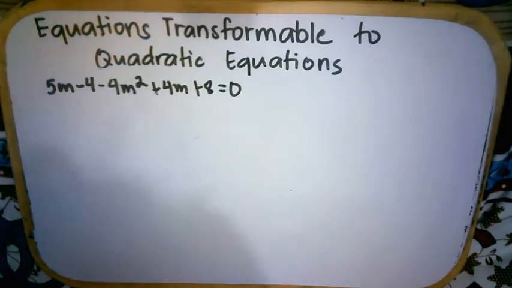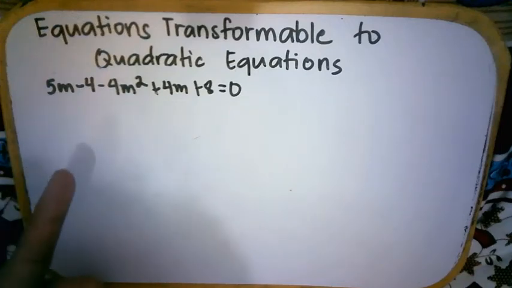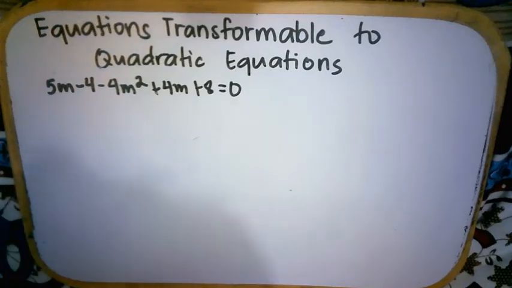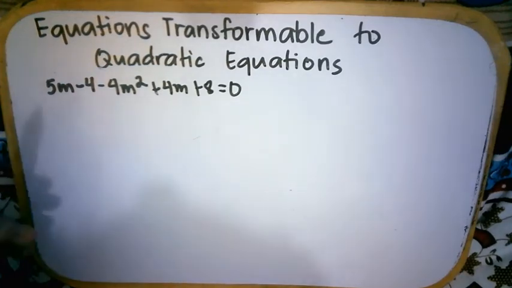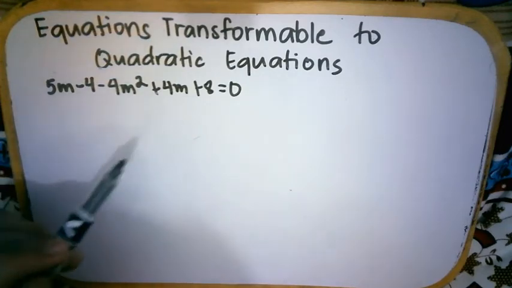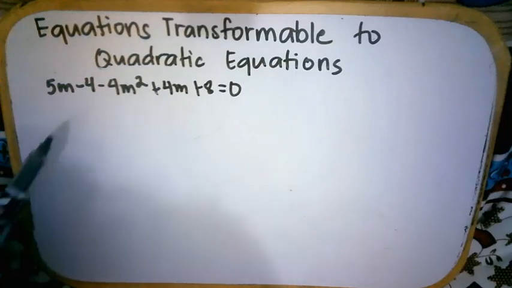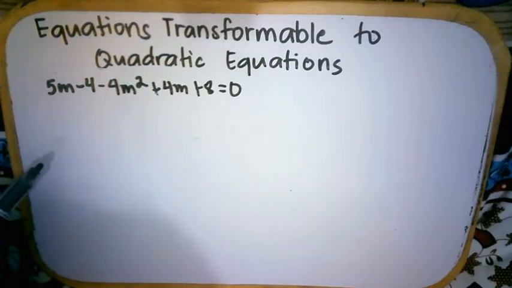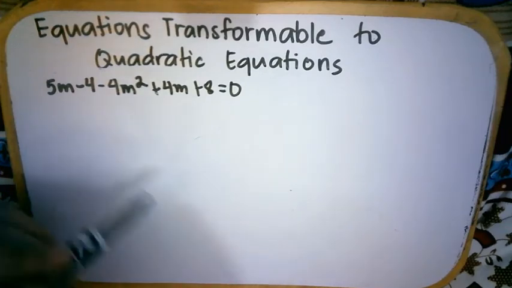Now, we have 5m minus 4 minus 4m squared plus 4m plus 8 equals to 0. We are not yet done since meron tayong mga like terms. So, check muna natin yung pinakamataas na exponent para yun na yung ilalagay natin agad para kapag tapos na nating i-combine yung like terms, naka-descending order na siya.